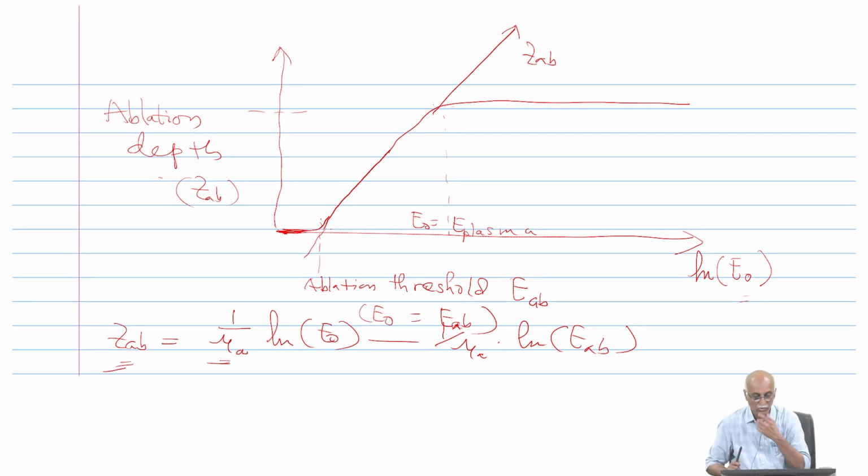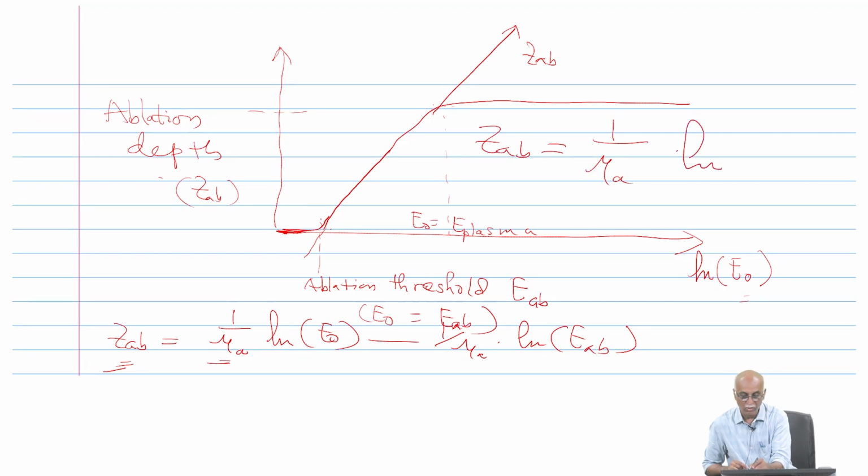So, we can even write this equation as Z_AB equal to 1 upon mu_A natural log of E plasma divided by E ablation.